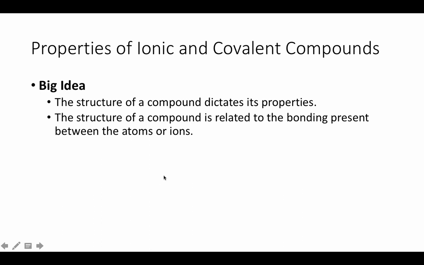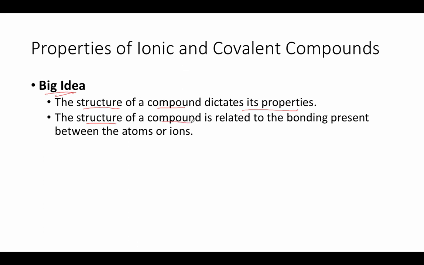So, big idea, right? Why are there different properties for ionic and covalent compounds? The big idea overview: the structure of a compound is going to dictate its properties. How the elements, these atoms or ions, are put together in a compound really dictates what kind of properties it's going to have.